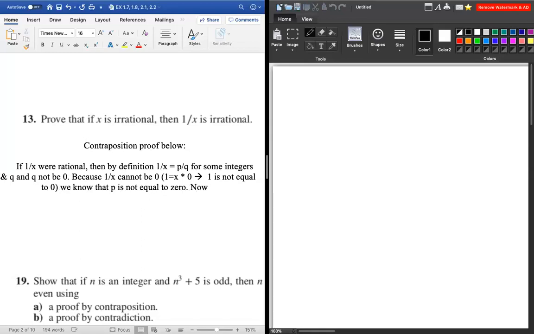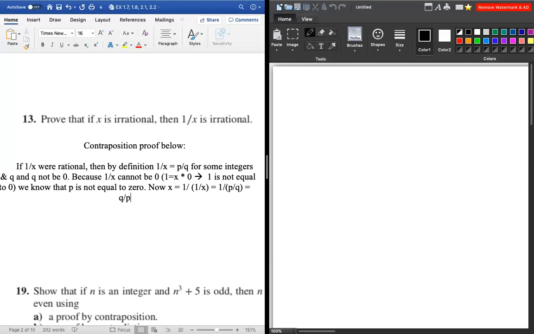Now we have x equals 1 divided by 1 over x, which in terms of p and q will be 1 divided by p divided by q, and if we just flip the sides and simplify it becomes q divided by p, right? So just by using the rules of arithmetic.